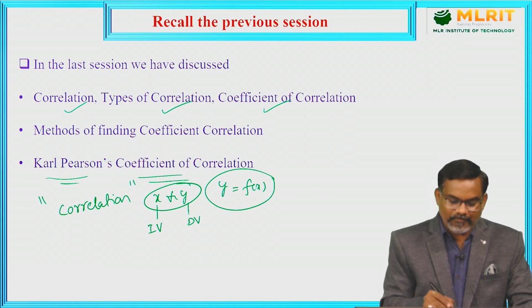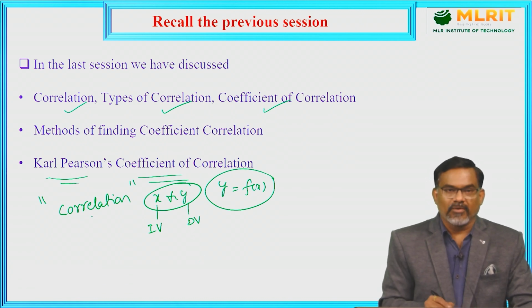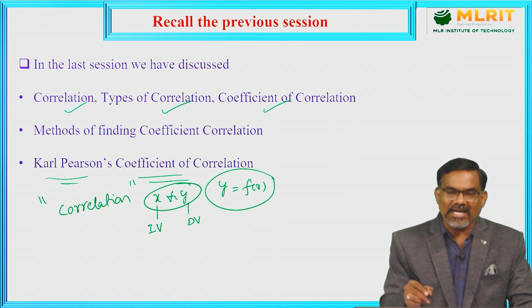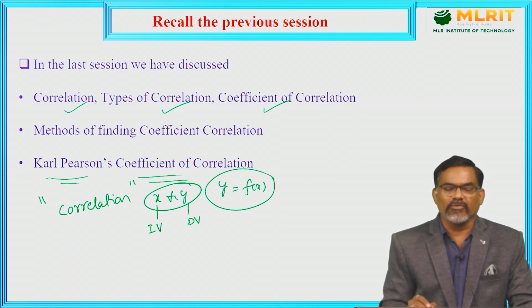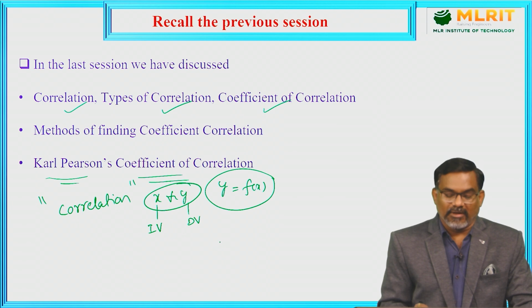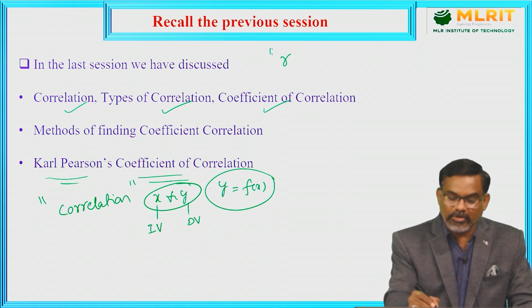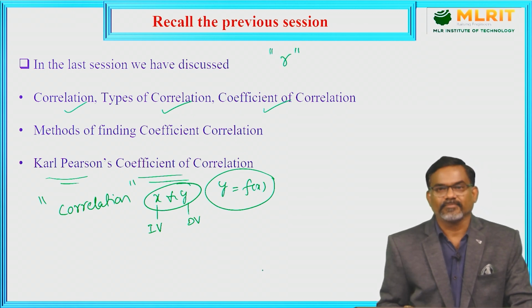And here using correlation we don't find what is the exact relation between the two variables in the form of an equation. Here we calculate how strongly the two variables are related. That means we find the magnitude of the relation between the two variables by finding the correlation coefficient. So that correlation coefficient is denoted by small r.